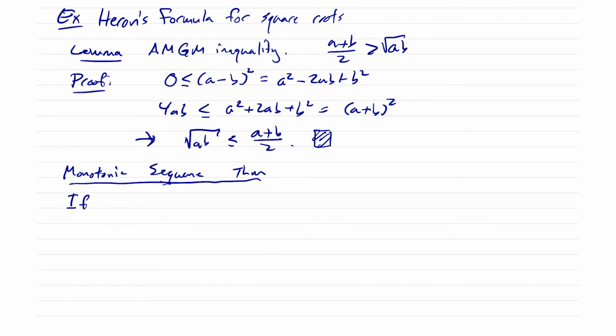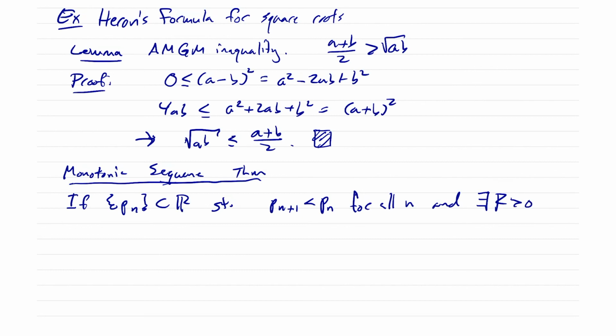Basically, if, say, p_n is a sequence in R such that p_(n+1) is less than p_n for all n, and there exists an r bigger than 0 such that the absolute value of p_n is less than r for all n, then we have that p_n converges.